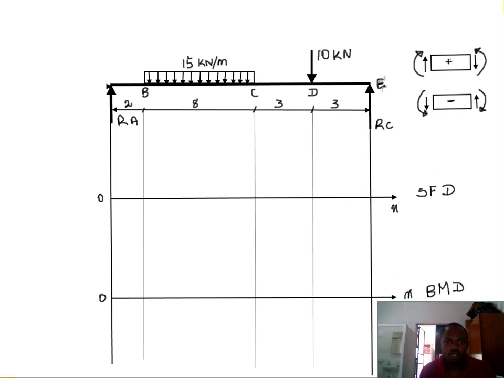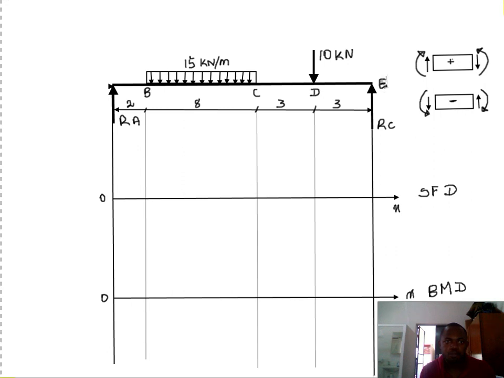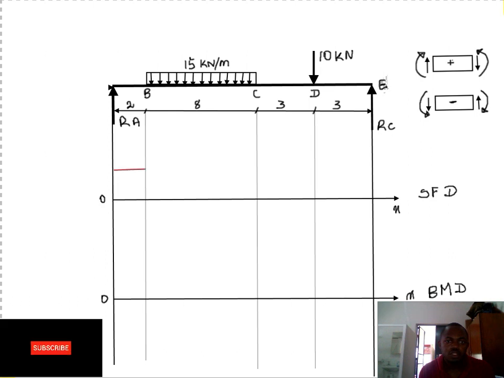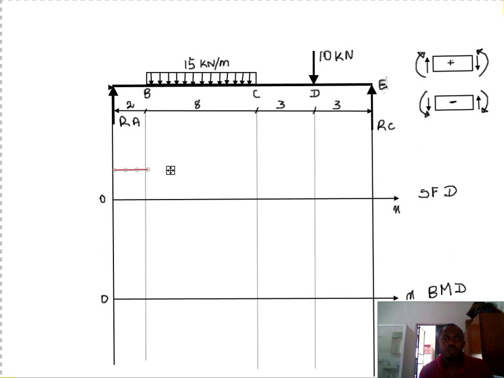As I say, this is only for illustration purposes. It's not to scale. This is what we got.